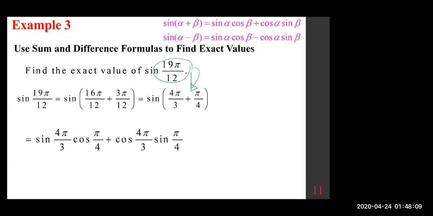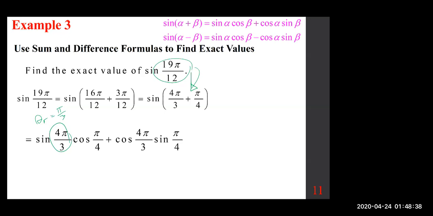Let's discuss 4 pi over 3. I hope everybody can see pi over 3 is your reference arc, which means we know pi over 3, we know the answer, we just have to figure out positive or negative. So this is the same as sine of pi over 3.